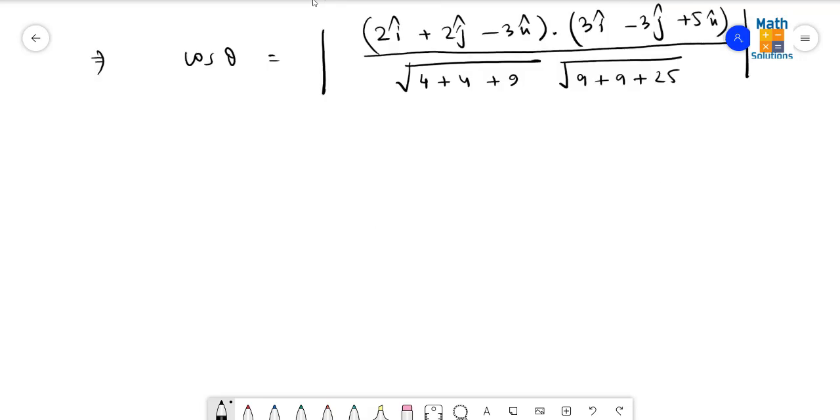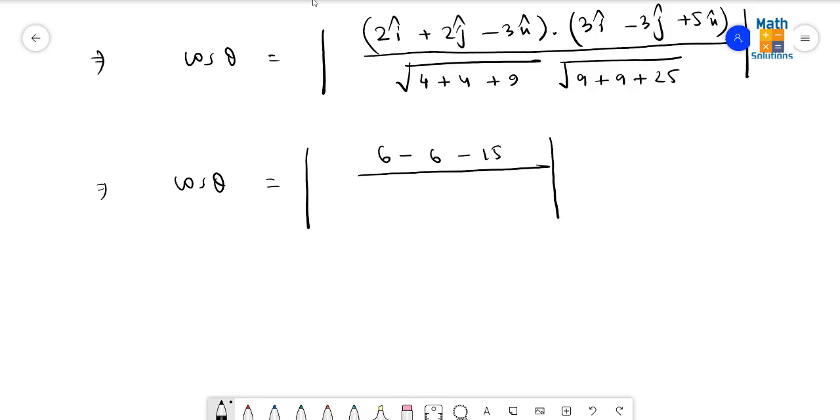Cos theta is the modulus of 6 minus 6 minus 15, divided by root 17 for this part, and for this part 25 plus 18, this will be 43.